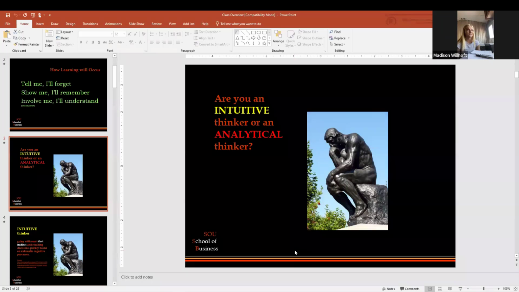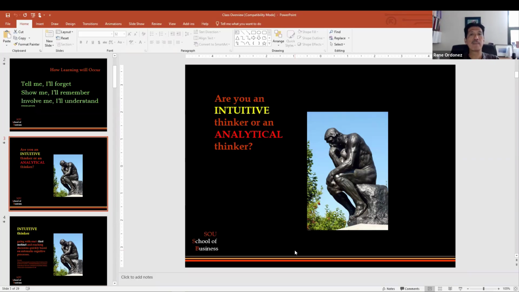Intuitive is not really their own logic, but you're thinking based on what you believe, in a sense. And then I would say analytical is more like the logical thinker, really going through the steps and really thinking things through. Okay, good. Yep. That's actually a pretty good description of these two.